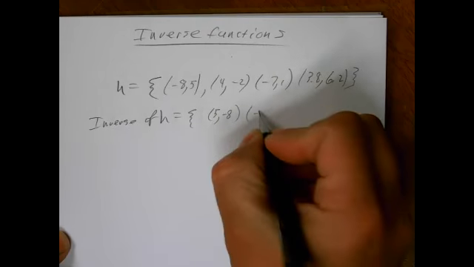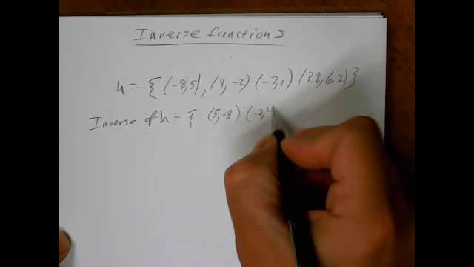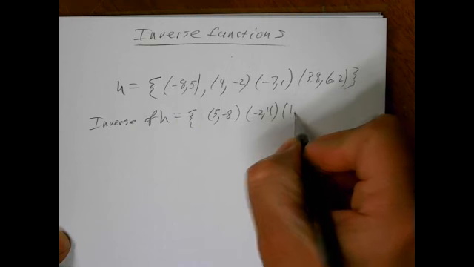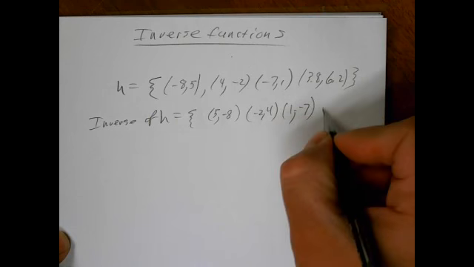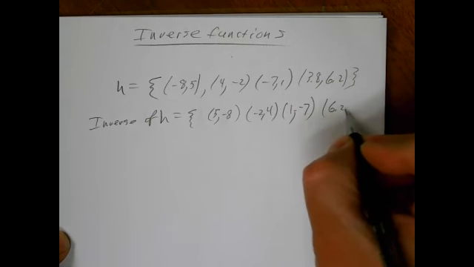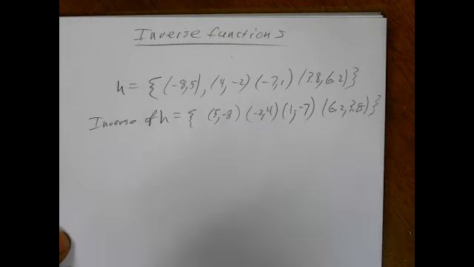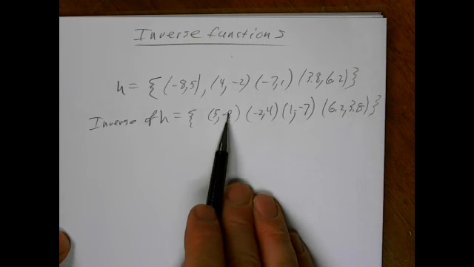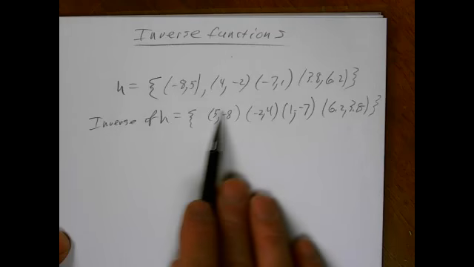And the (4, -2) would become (-2, 4). The (-7, 1) would become (1, -7). And the (3.8, 6.2) would become (6.2, 3.8). Right? So inputs become outputs, outputs become inputs. More simply put, X and Y trade places.